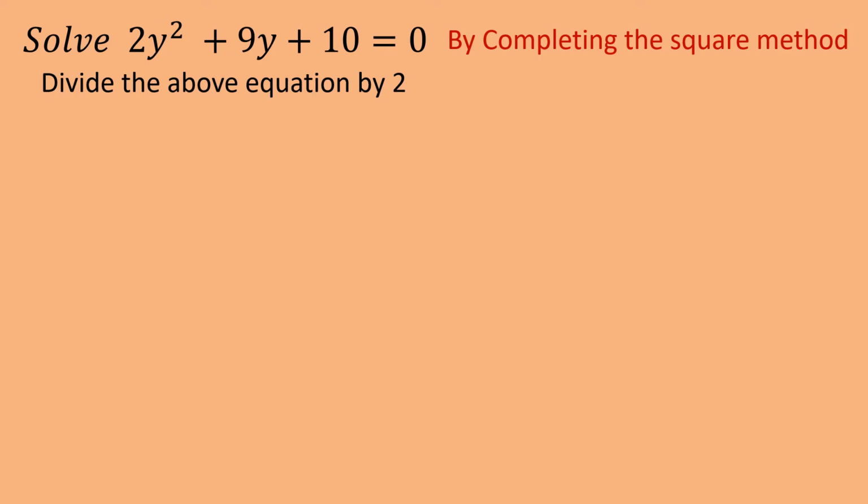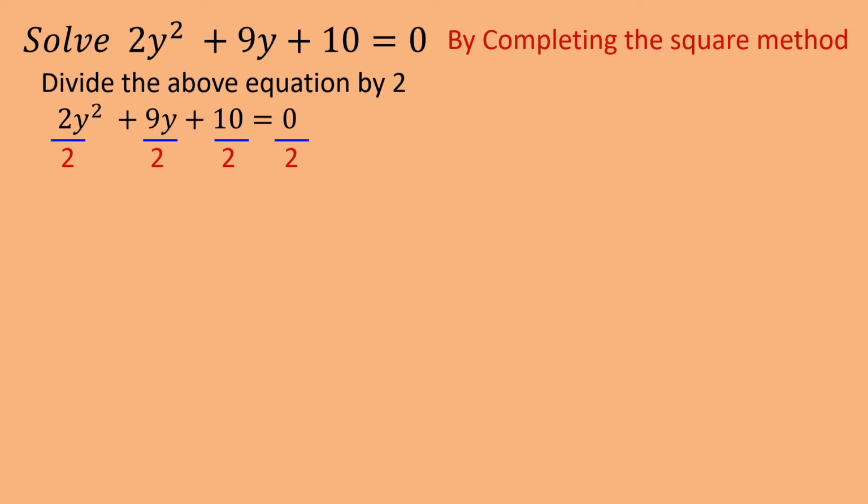That means I need to remove 2, and that's why we are dividing the above equation by 2. Let us see here, first term by 2, second term by 2, third term by 2 and fourth term by 2. Means as you know, all the terms of the equation will get divided by 2.